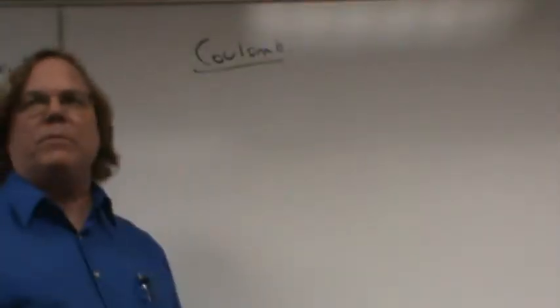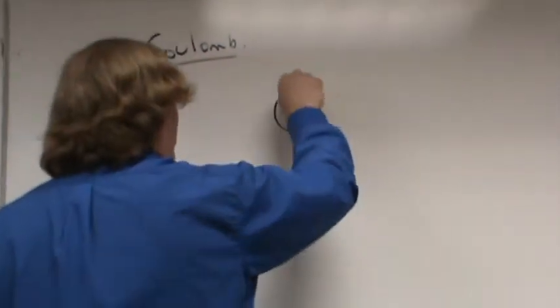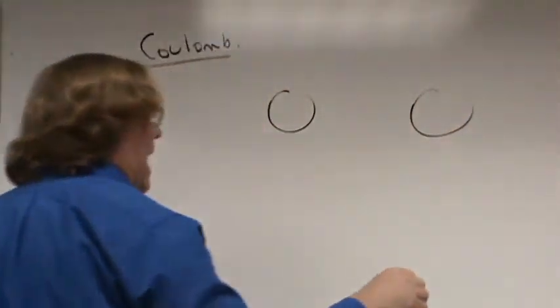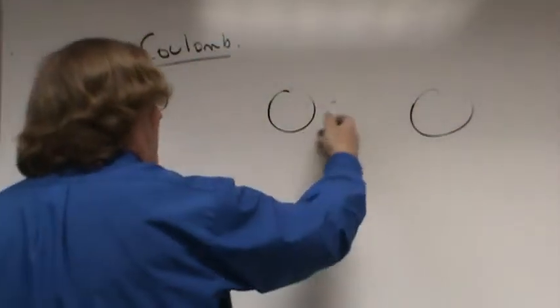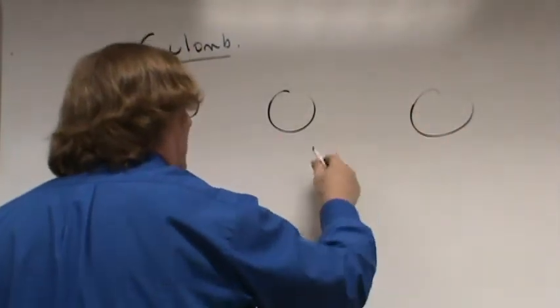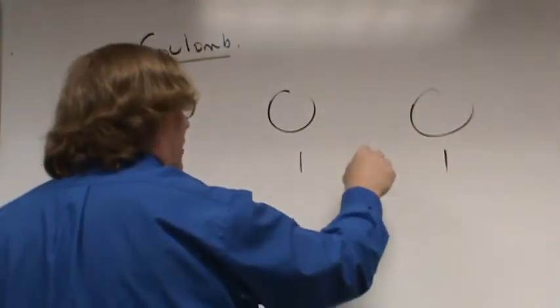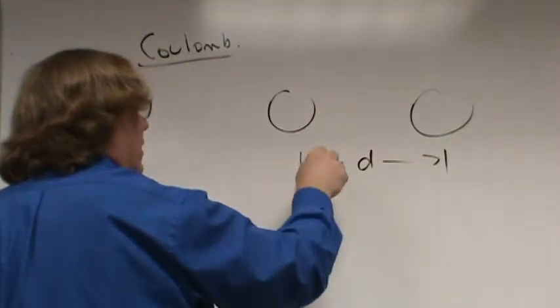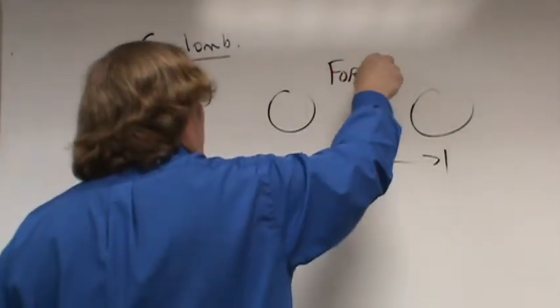So Charles Augustin Coulomb had to just make it up himself. He said, okay, I hereby declare one packet of charge to be the amount of charge on each of these spheres, such that if the spheres are a certain distance apart, they exert a certain force on each other.